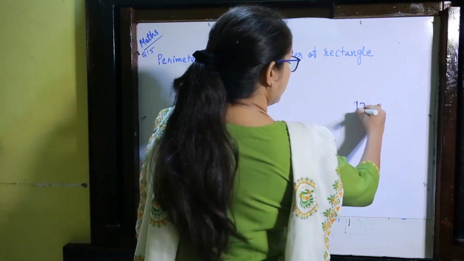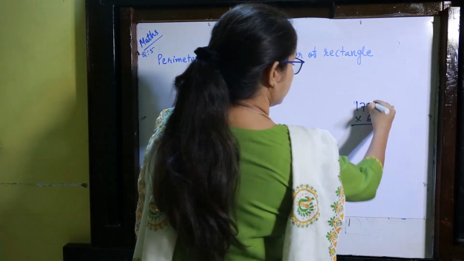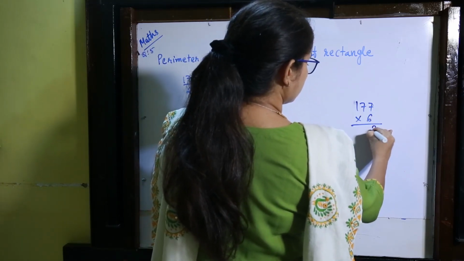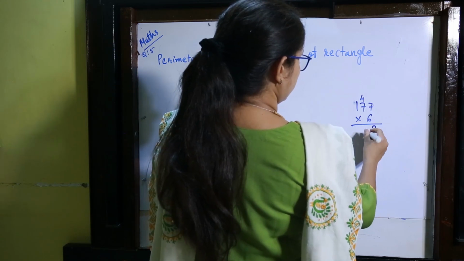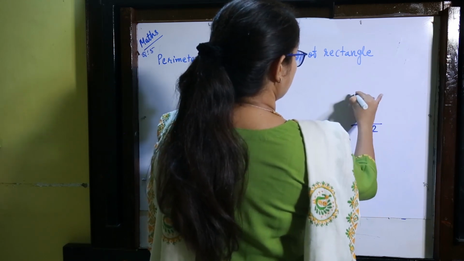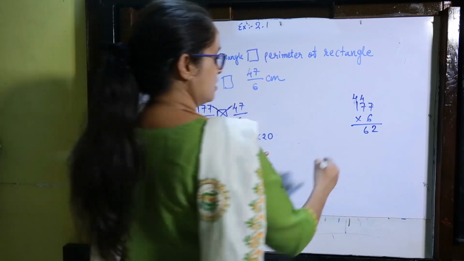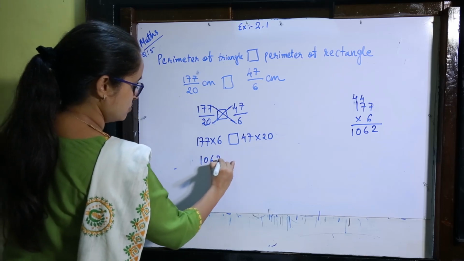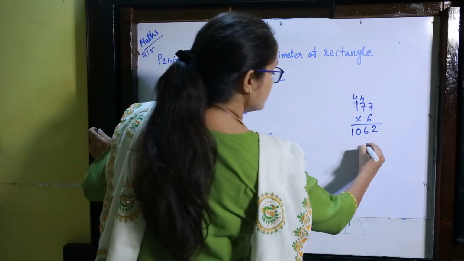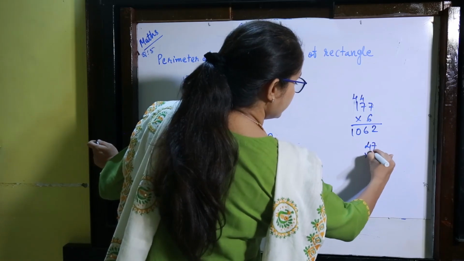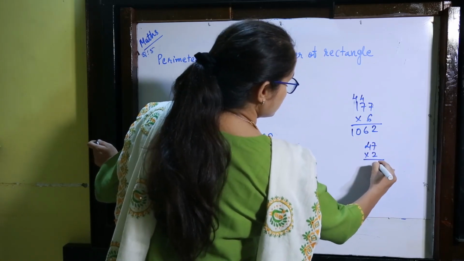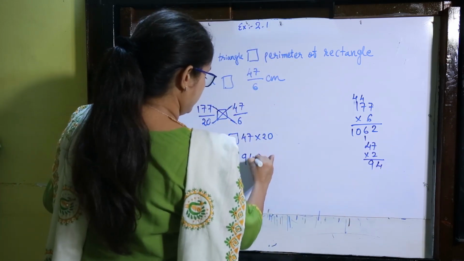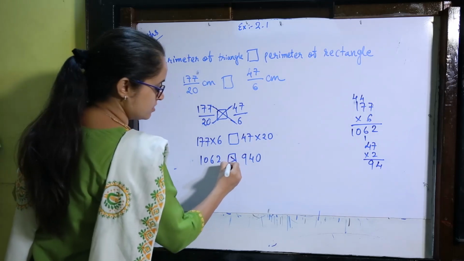So I am multiplying 177 multiplied by 6. 7 6s are 42, 6 4s are 24, so the answer is 1062. And here you have to do 47 twos and then add a 0, so 940. Which one is bigger? This one is bigger.